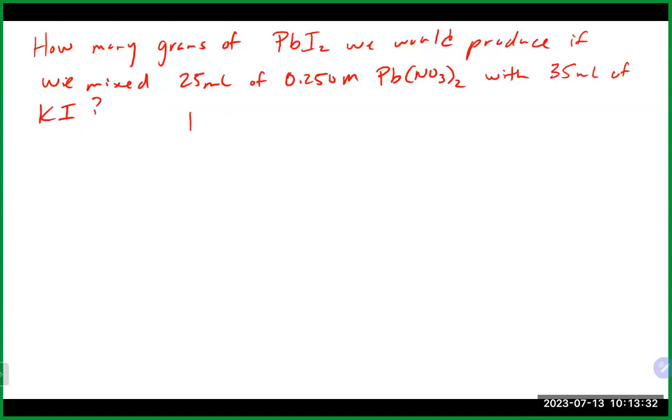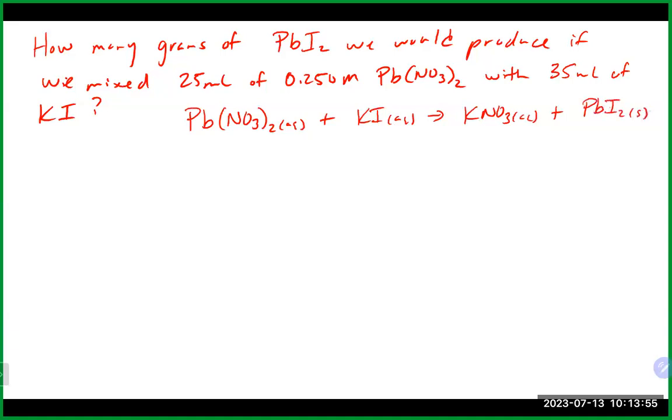And this reaction looks something like this. You should recognize this as a double displacement reaction, right? So we get some KNO3 and we get some PbI2.